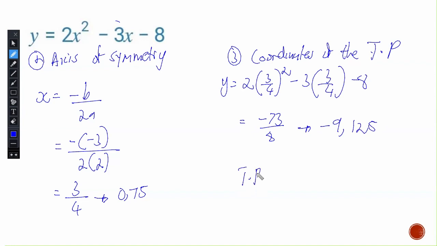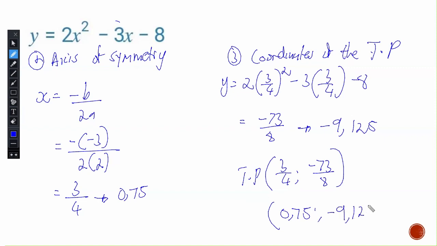So your turning point, you can write as (3 over 4, negative 73 over 8), or you can say (0.75, negative 9.125). It's a matter of whether you prefer to leave it in fractions or write it in decimals. Okay, so there we go with the coordinates of the turning point.